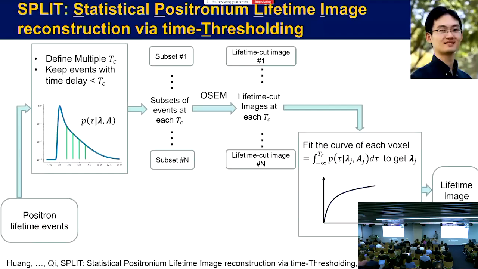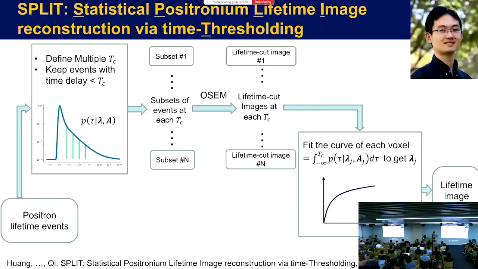I should mention this work was really a collaboration between Baomian and myself. What he developed is a method we named SPLIT, statistical Positronium lifetime image reconstruction with time thresholding.